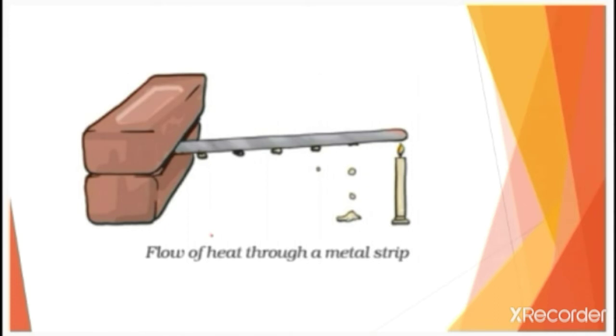From this experiment and observation, we can conclude that heat travels in metal through conduction. Heat flows from the hotter end of the object to the colder end. Perform this experiment at home to understand how heat is transferred in solids. I'm sure you will enjoy learning the way of transfer of heat through conduction by doing this experiment.